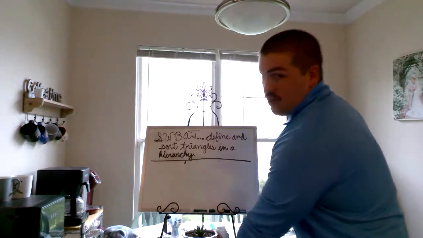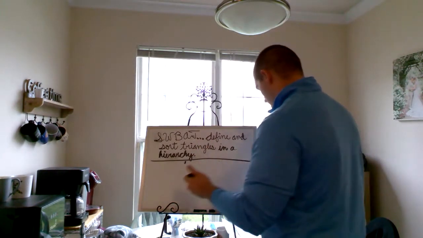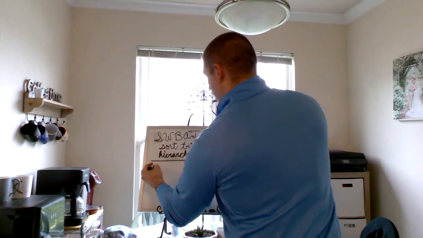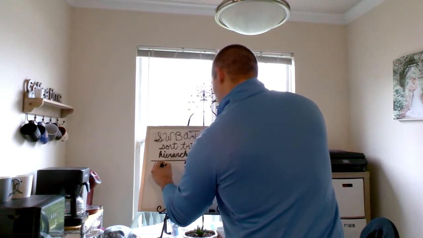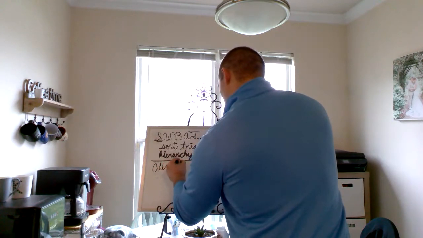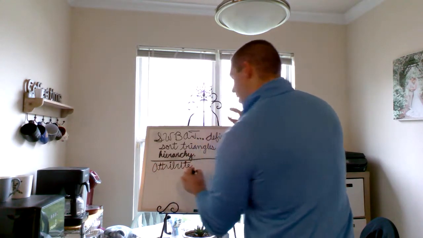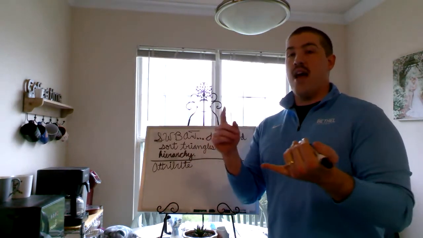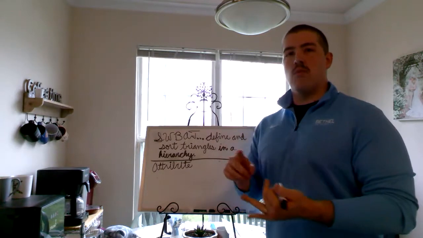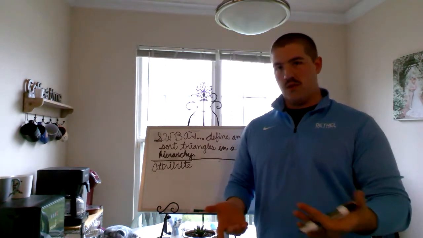So an attribute or property in math, right? An attribute is like, does it have equal sides? Does it have a right angle, an acute angle, an obtuse angle? Things from 4th grade, all right?